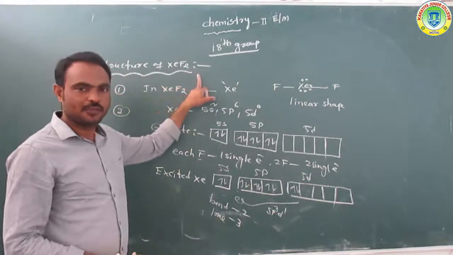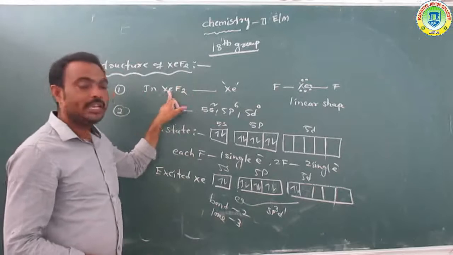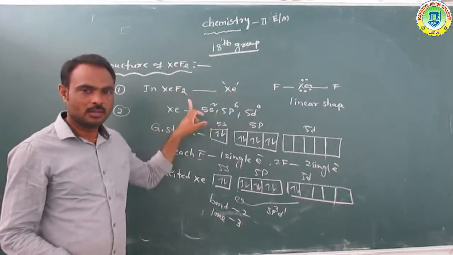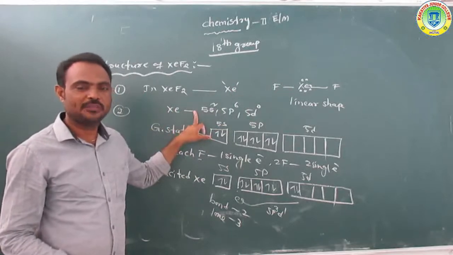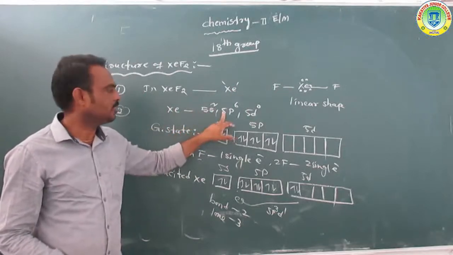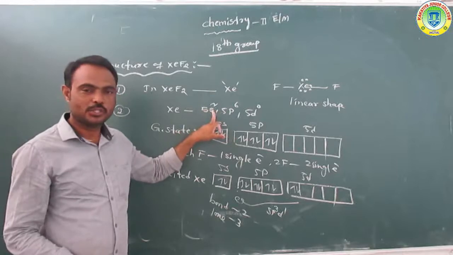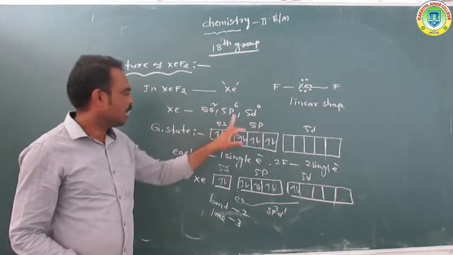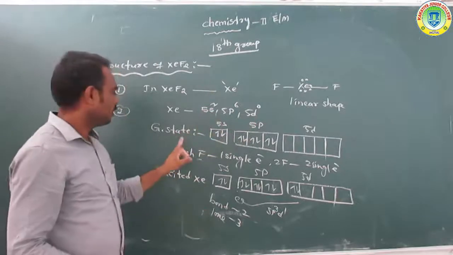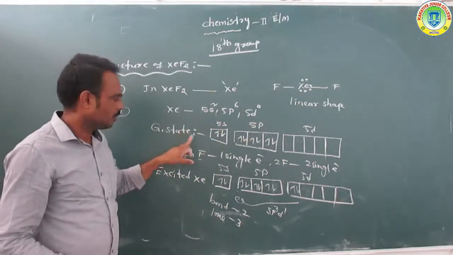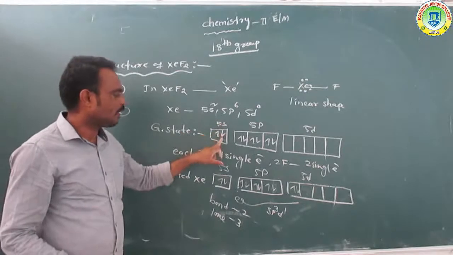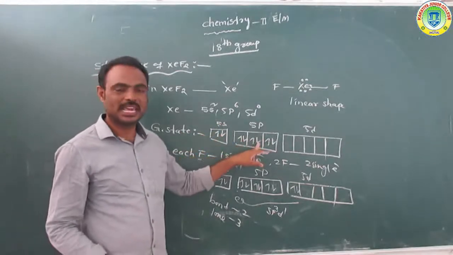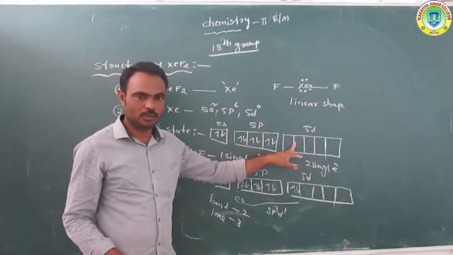Structure of XeF2. In XeF2 the central atom is xenon, and its electronic configuration is 5s2, 5p6, 5d0. We write the orbitals, we call it the ground state. The 5s orbital contains 2 electrons, the 5p orbital 6 electrons, 5d0.